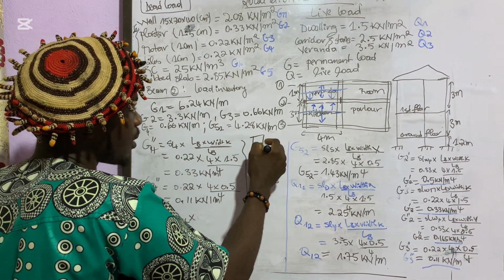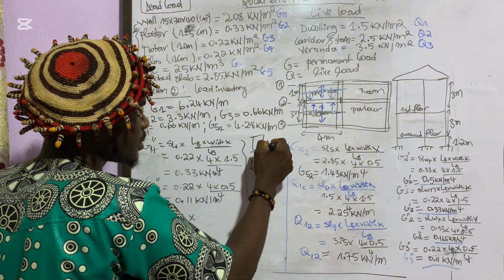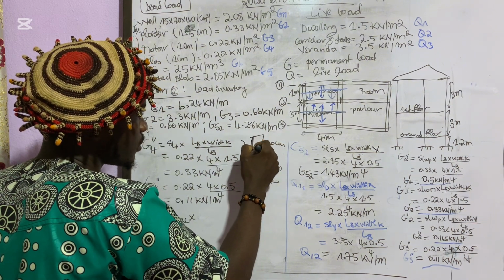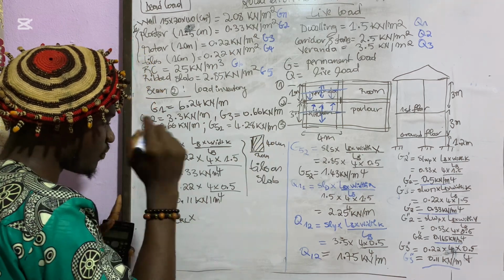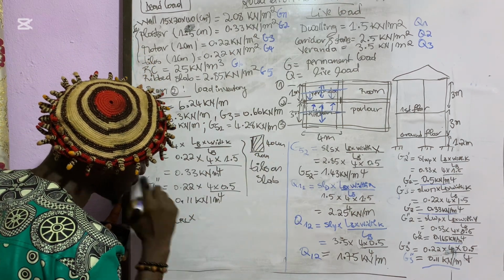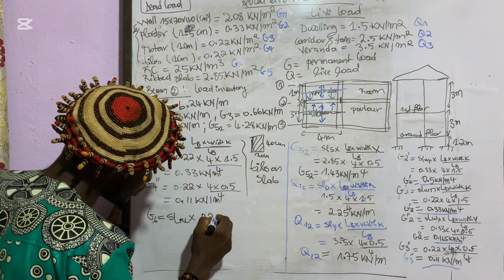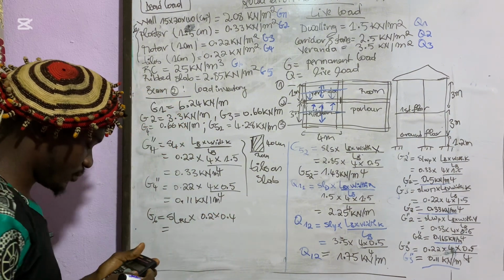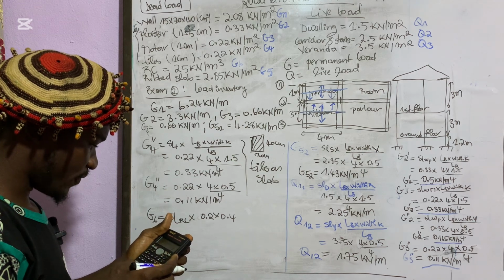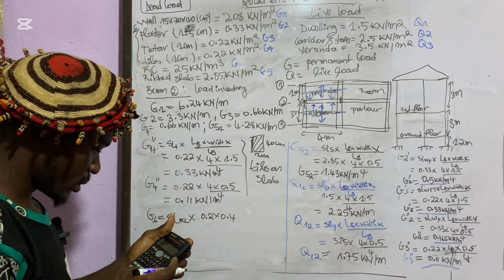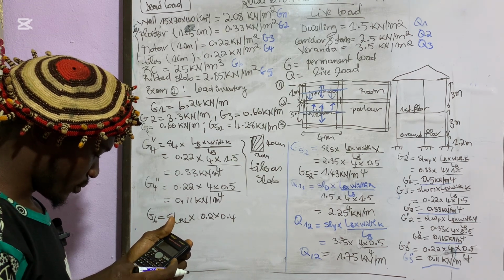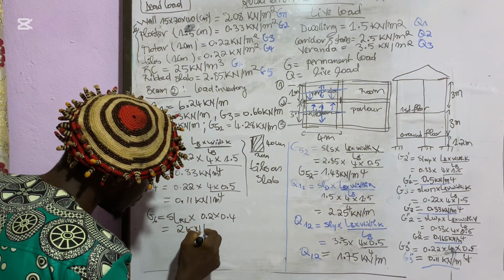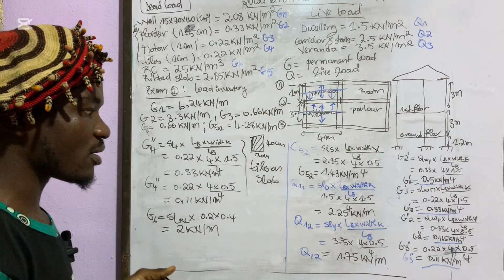Let's just assume that our cross section is 40 centimeters by 20 centimeters. So we'll have the cross section 0.2 times 0.4. It's going to give us 25 times 0.2 times 0.4, which is 2 kilonewton per meter.